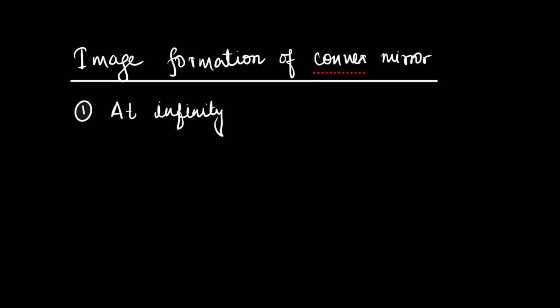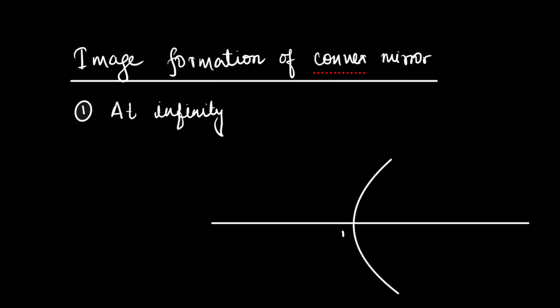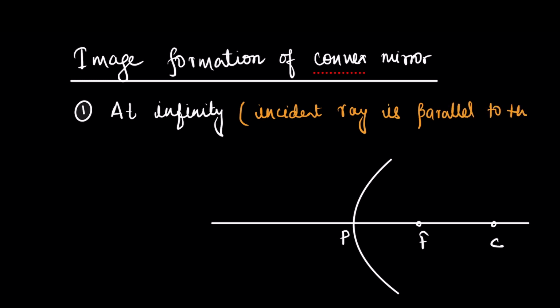So first we draw the convex mirror. Pole, focus, center of curvature. So as we know, when the object is at infinity, it means that incident ray is parallel to the principal axis.